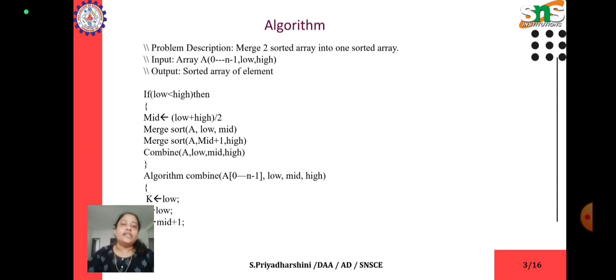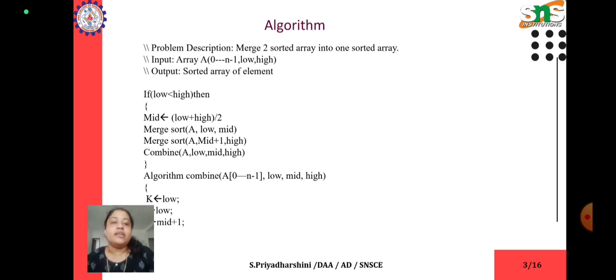After splitting the array into two halves, the next step is to conquer. In this step, we individually sort both arrays, that is, A of low comma mid and A of mid plus 1 comma high. If we have not reached the base situation, that is, a single element, then we follow the same procedure again and further split these subarrays and sort them separately.